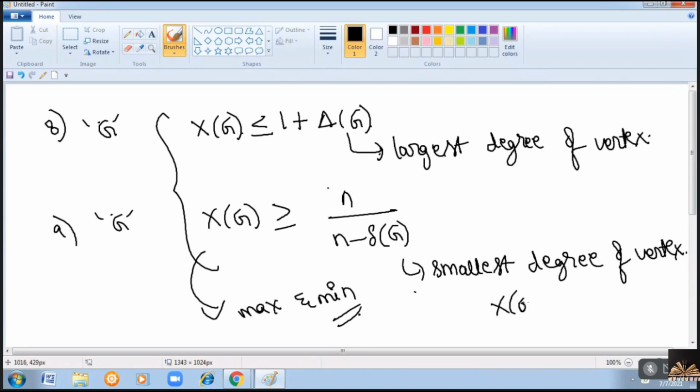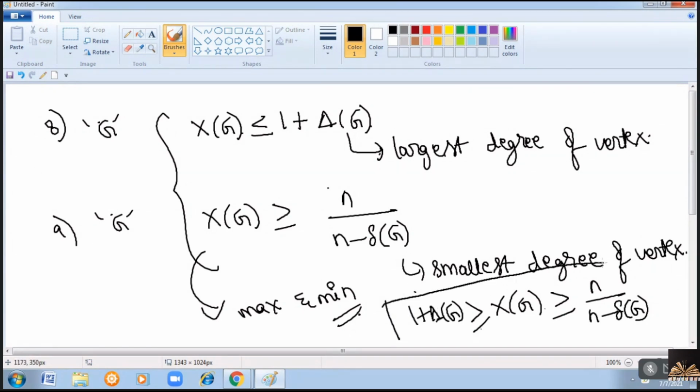So chi of G lies between n by n minus delta of G and 1 plus delta of G. This is the minimum and maximum range of the graph.